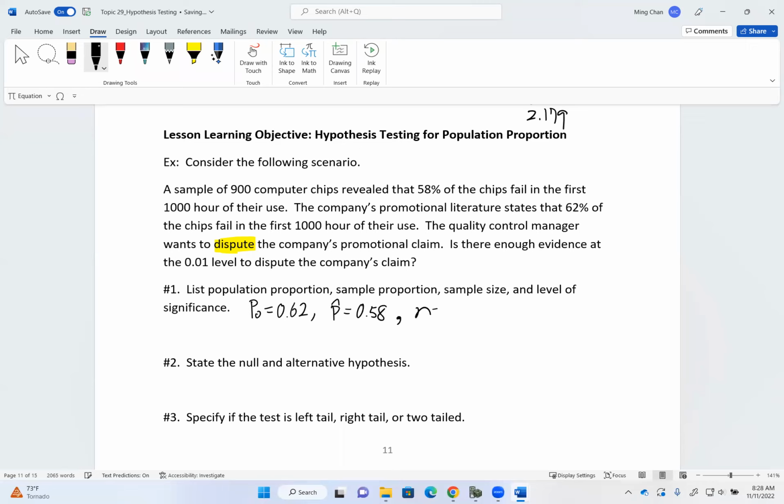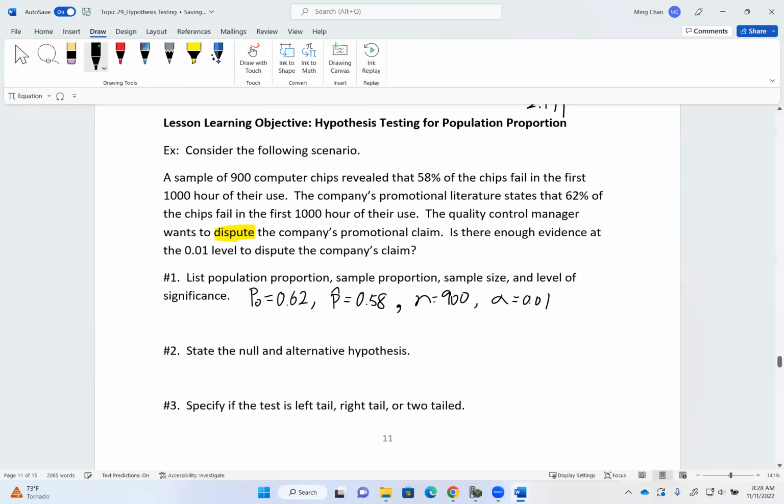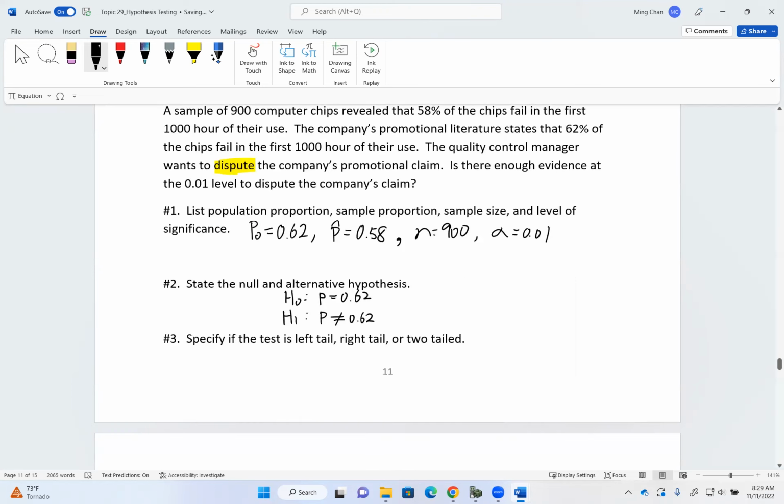Sample size is 900, and the level of significance alpha is 0.01. So your null hypothesis: p is equal to 62%. The quality control manager wants to dispute that 62%, so the alternative is p is not equal to 0.62. That makes it a two-tailed test.